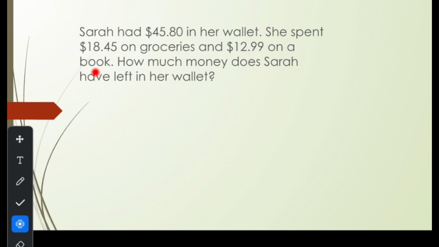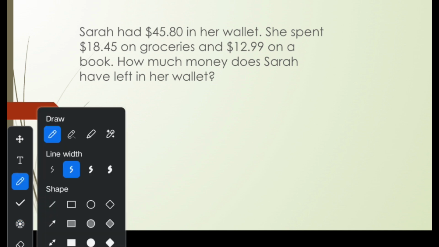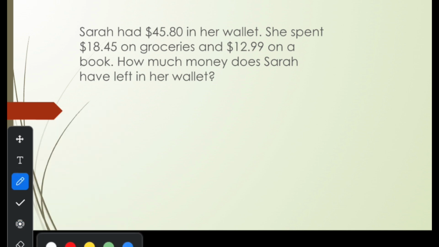In order to check the spent amount, we need to add these both values because they were spent in total to buy something. And then it has been asked to find the amount Sarah left in her wallet. So when the word left comes in some question, that means they are asking you to use difference as the operation.